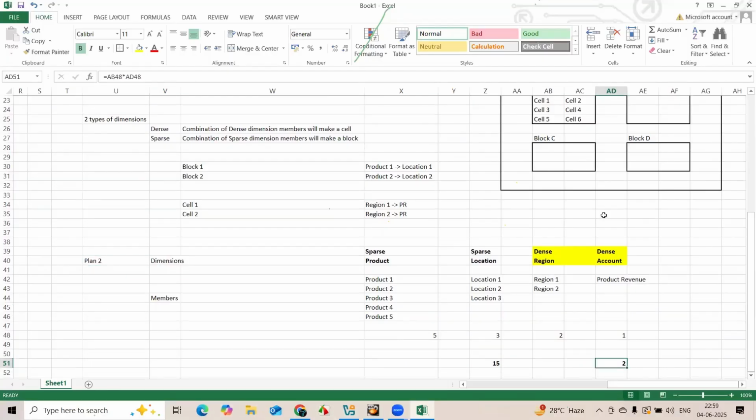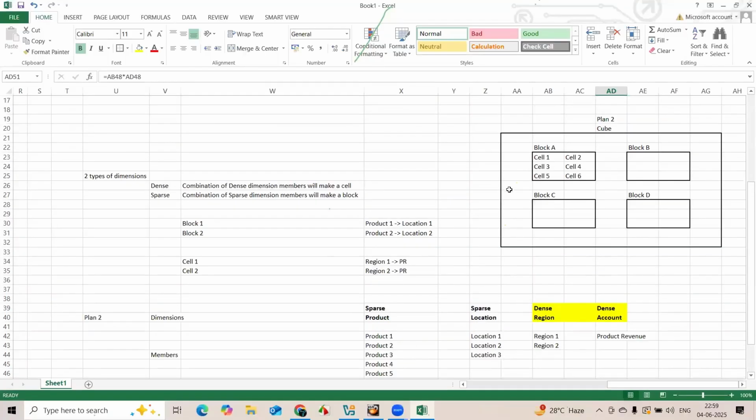A maximum of 2 cells for each block. So this is the architecture of the cube, and this is where the dense and sparse combinations come into the picture.